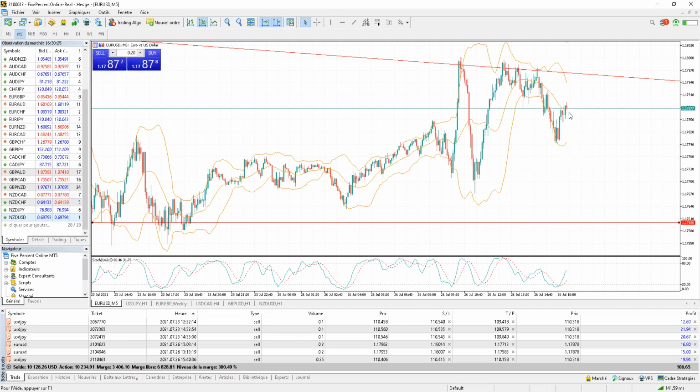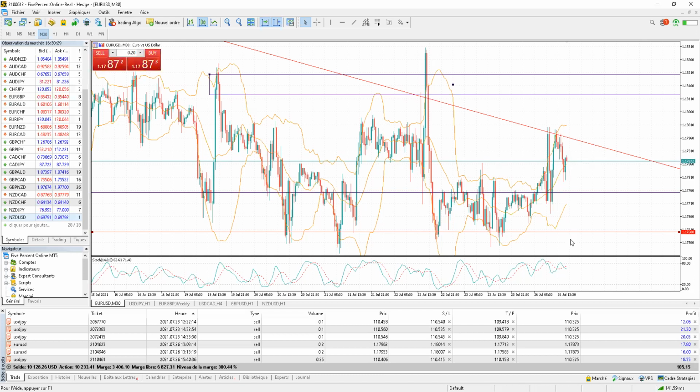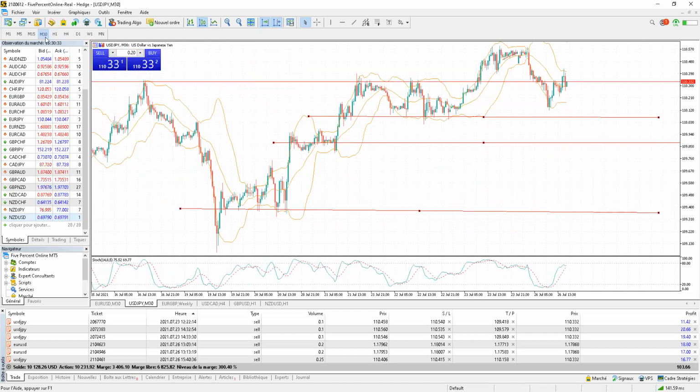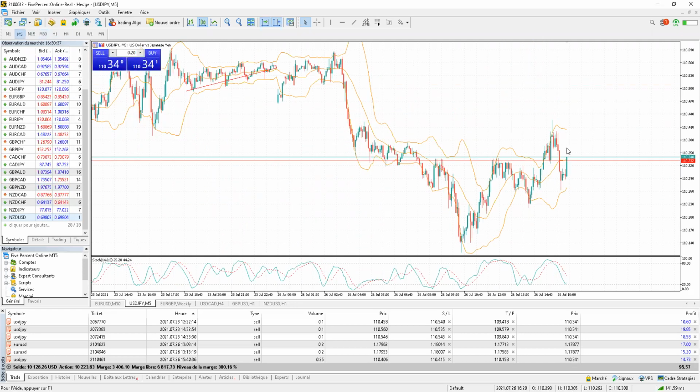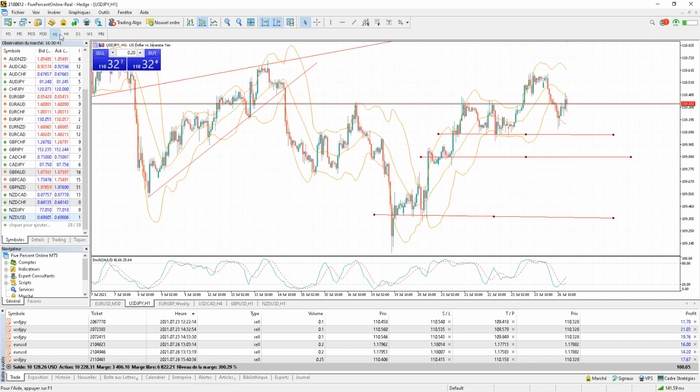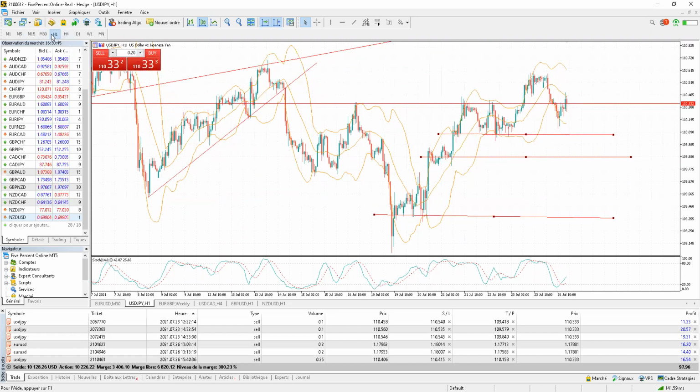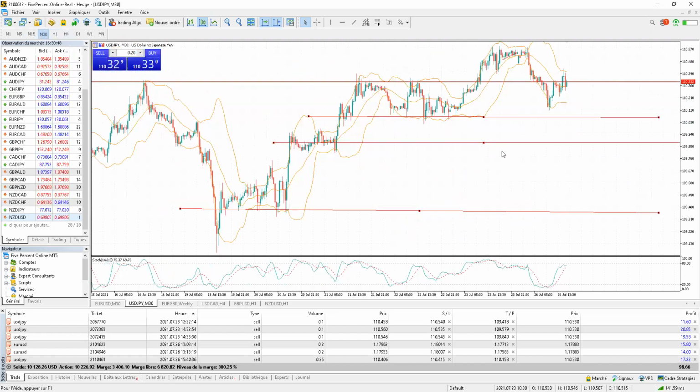Still not the big move I want on the euro dollar. I'm still waiting to go even lower than that. And the dollar yen, we are still reacting. I'm already locked in terms of risk in those pairs and also in the euro dollar, so I don't have to worry so much.